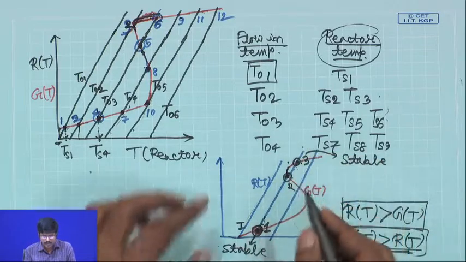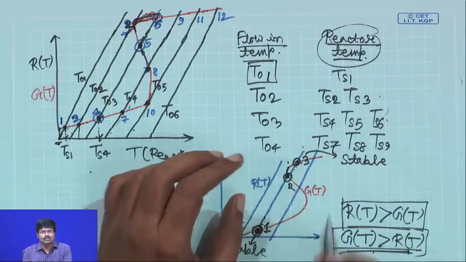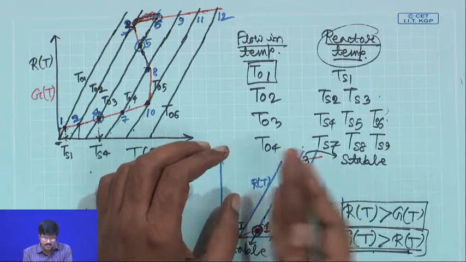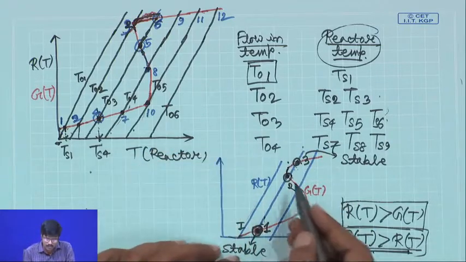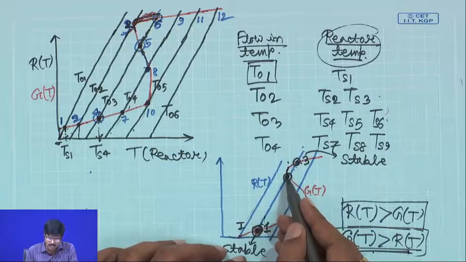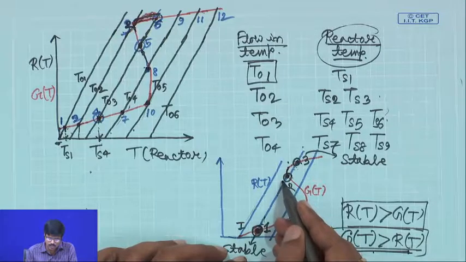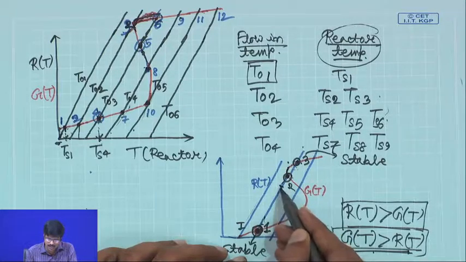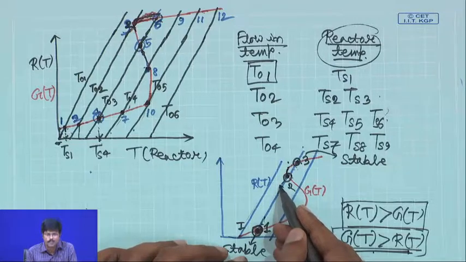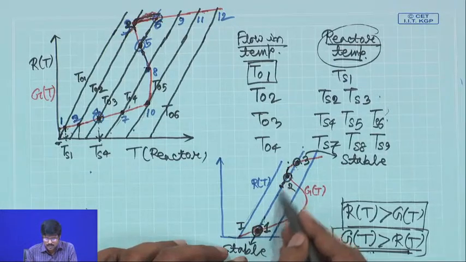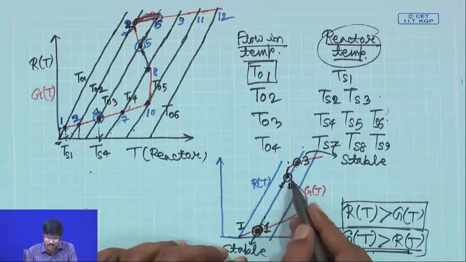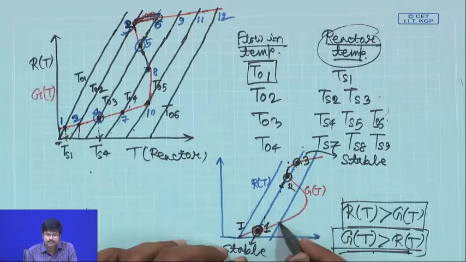Now, what happens if you cool down this system a little bit? Say you come to this position somewhere here. What will happen? Your blue curve is now at a higher position than your red curve.